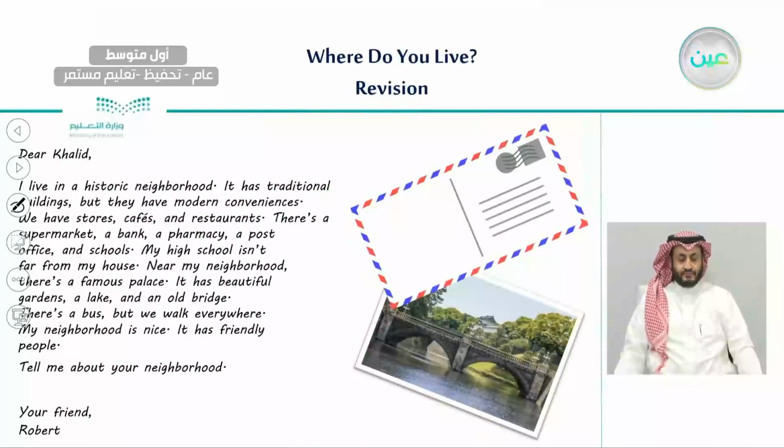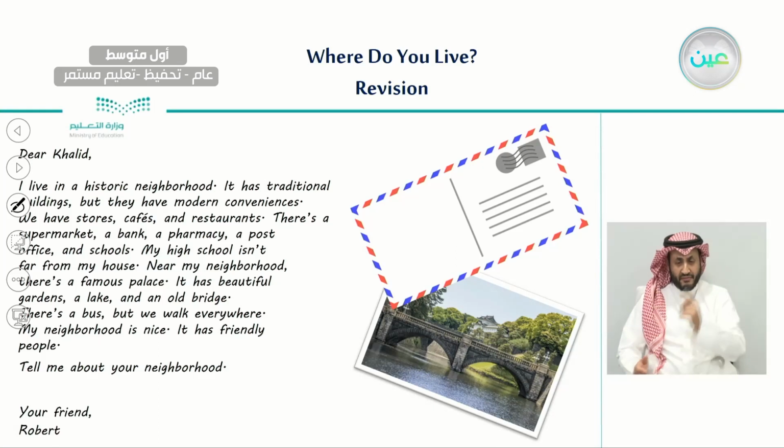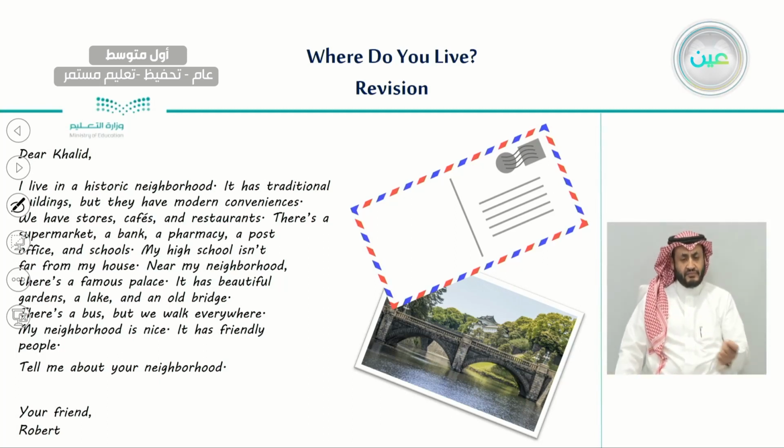From the last lesson we have read this letter from our friend Robert, and also we have learned how to write a similar letter, and we said that we have different parts of a letter. We said that we have the greetings part, which is started with Dear Khalid, and we have the main part, and we have the closing part where we write our name.